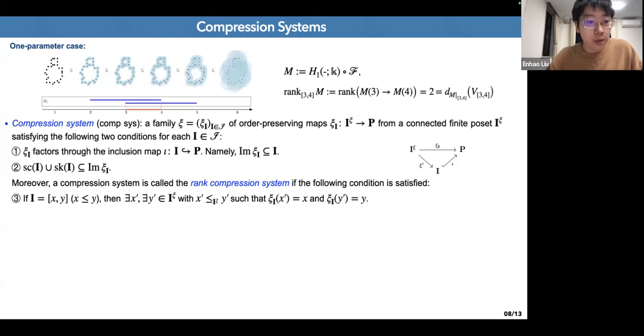Okay, that's all. Later I will explain why we call this a rank compression system, why this condition 3 is important, and this is also related to my last content, called essential cover.